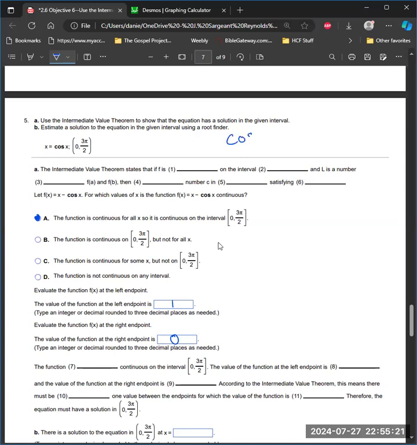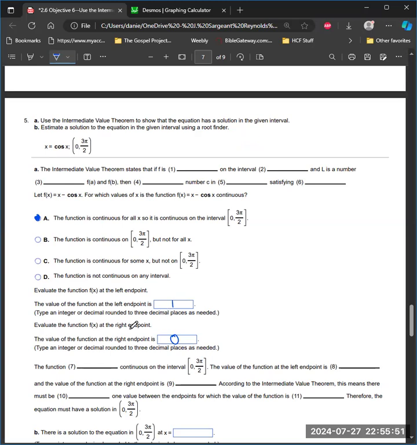Let's look at cosine of x minus x equals 0, maybe. Not really sure. Let's see here how we did this.